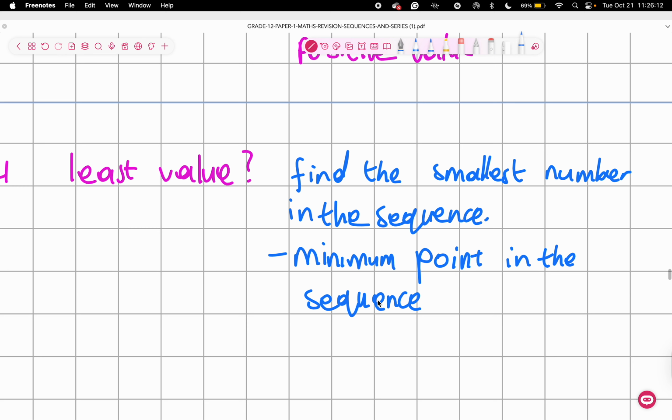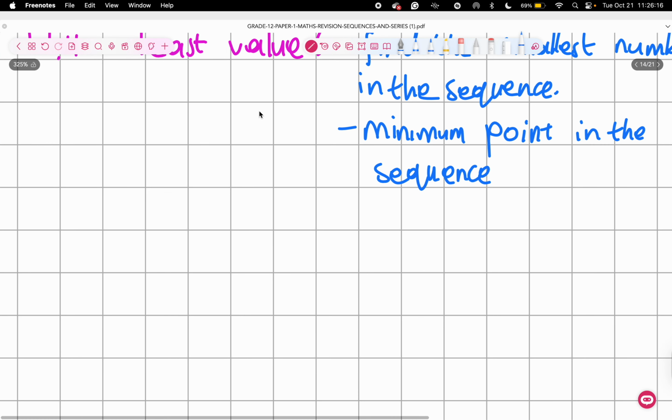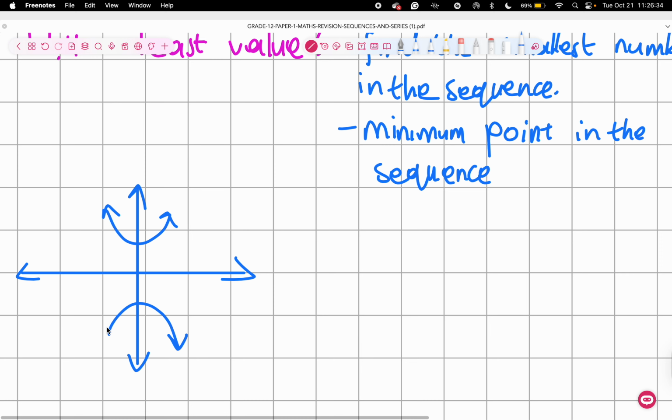So because we have a quadratic sequence, our graph is either concave up or concave down, meaning smiley face or sad face. So we either have this or we have that, essentially. That's what a quadratic sequence is, right? That's what the graph looks like.